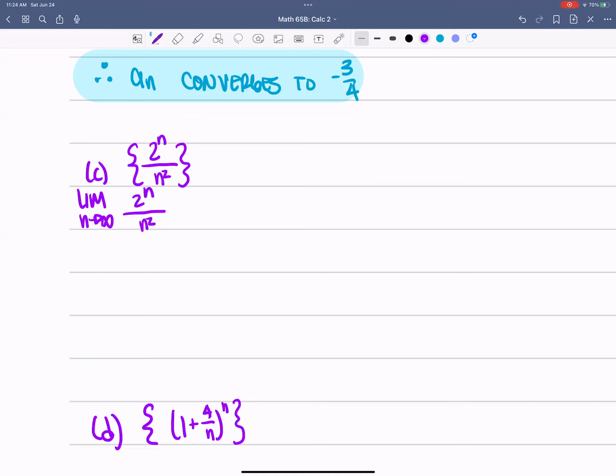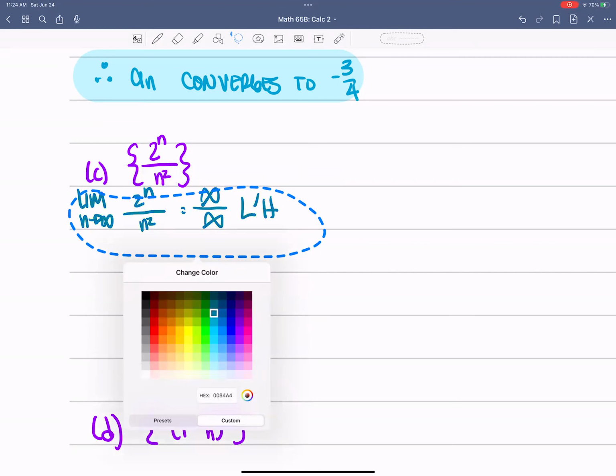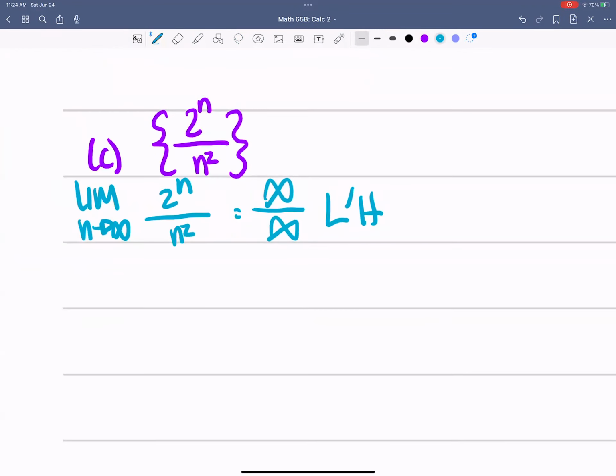There isn't much that we could do here, so let's just evaluate. We notice that the numerator goes to infinity, and the denominator goes to infinity. We could apply L'Hopital's rule. And I see now that I'm using the wrong color. Much better. All right, so we could use L'Hopital's rule to take the derivative of the numerator and the derivative of the denominator.